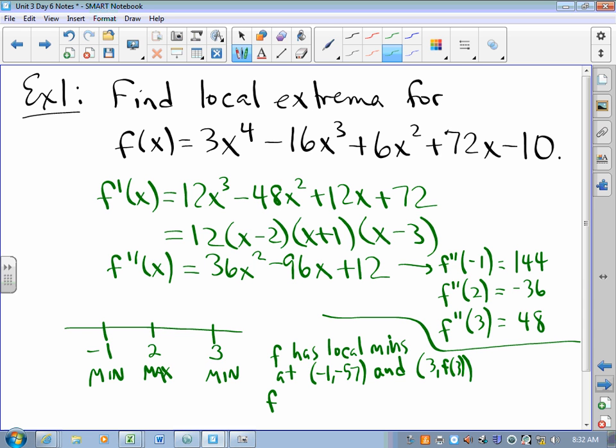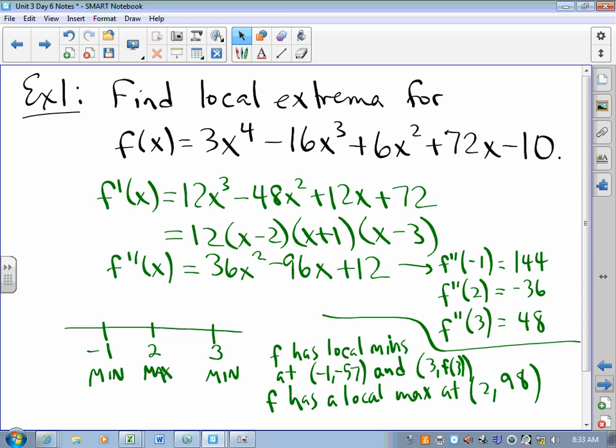Great. F has a local max at 2, whatever f of 2 is. Maybe I can pull that off. 48 minus some obscenely large number is -60. Plus the 144 is 84 minus 74, so that middle term plus 24, 98. And that's what the analysis looks like.